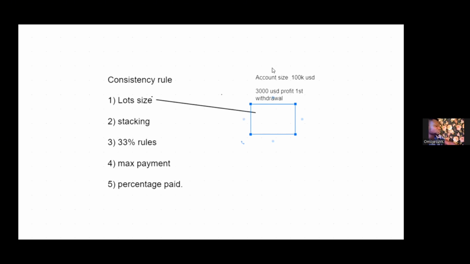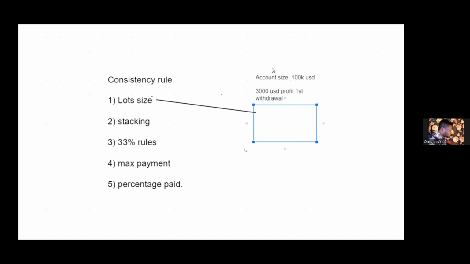This is the maximum lot size you can use on this account if you start with 0.5.